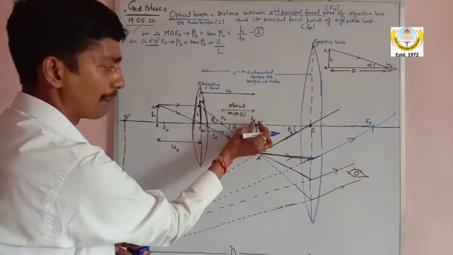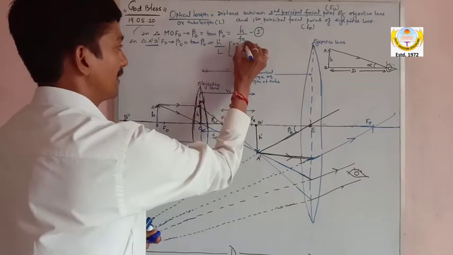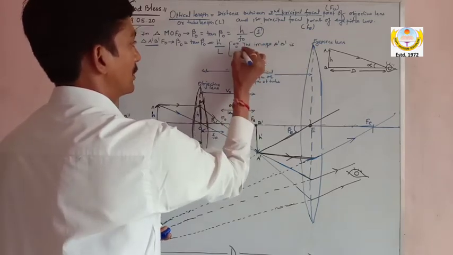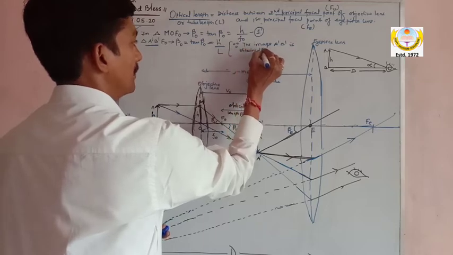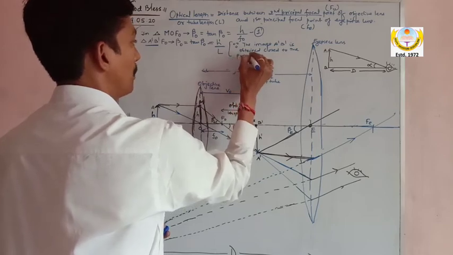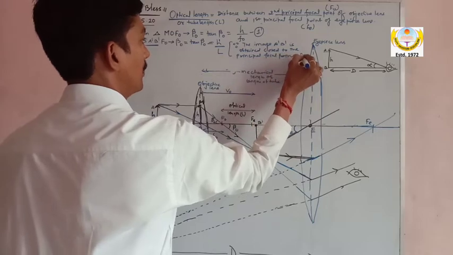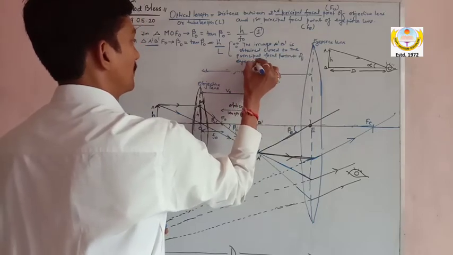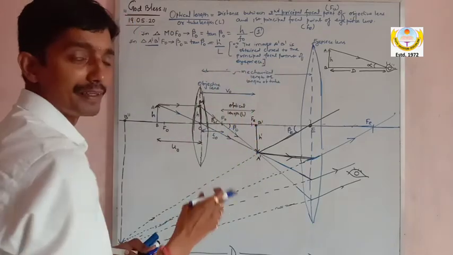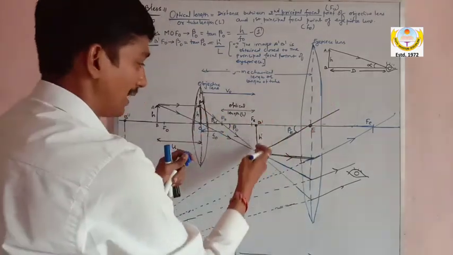Still, this much is the gap and you are taking that as L. Since the image A dash B dash is obtained close to the principal focal point of the eyepiece, if you remember, I told you I adjusted the eyepiece.